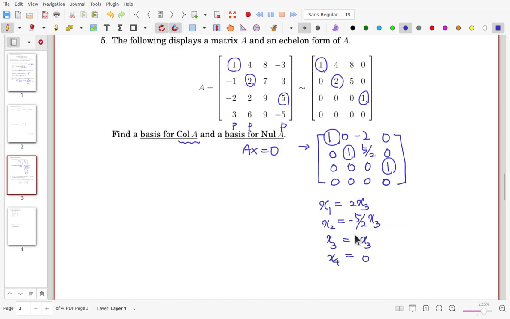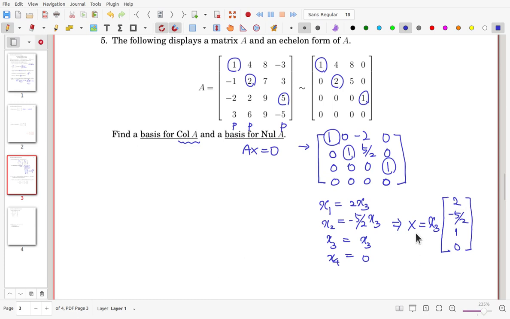So now we can get the solution x, x1 to x4, along with the free variable x3: the vector is 2, minus 5 over 2, 1, and 0.